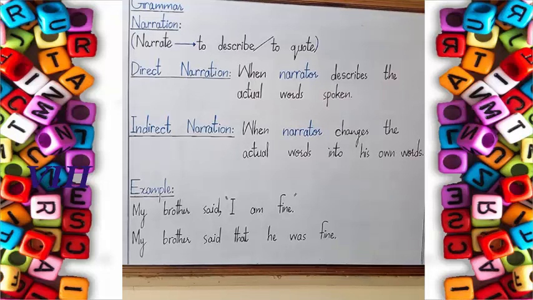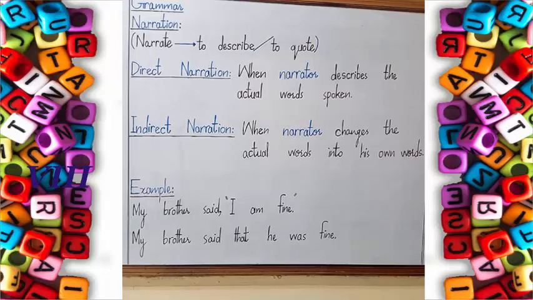So the first sentence written on the board before you, my brother said, I am fine. This is the actual sentence, I am fine, without any changes in the words. And the next sentence written on the board, my brother said that he was fine.